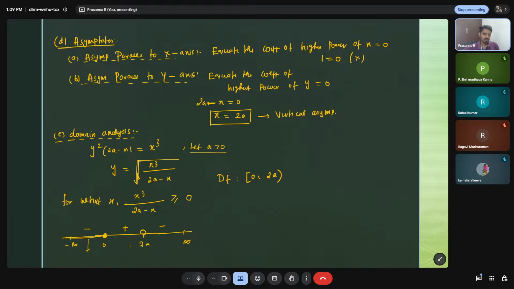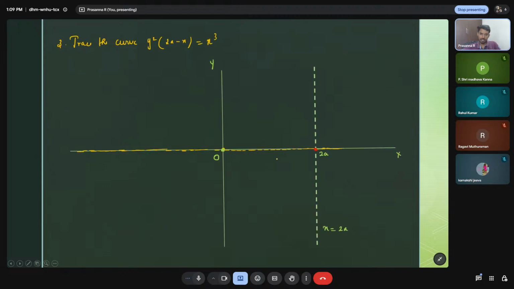Take a between 0 and 2a: 2a minus a is a, and a cube is positive, so positive by positive is positive. So 0 to 2a is your domain.